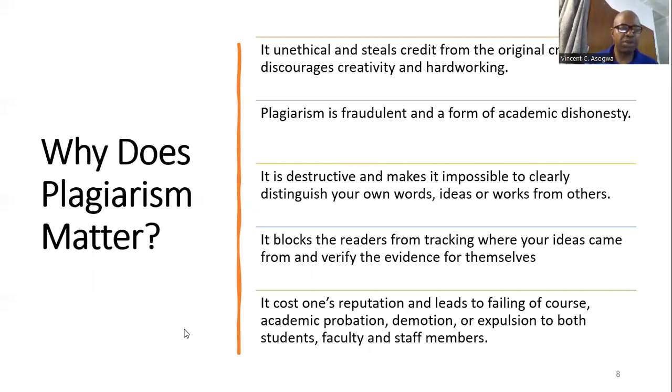You don't want people to verify what you are saying for authenticity. It costs one's reputation and leads to failure of courses, academic probation, demotion or expulsion to students, faculty, and staff members.